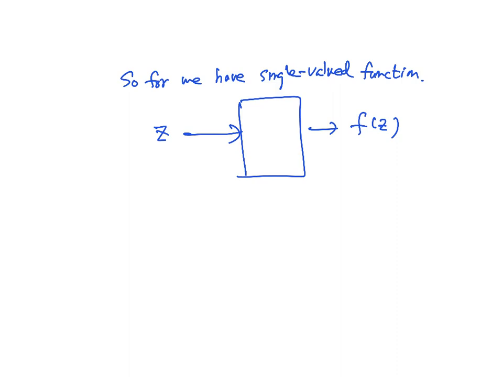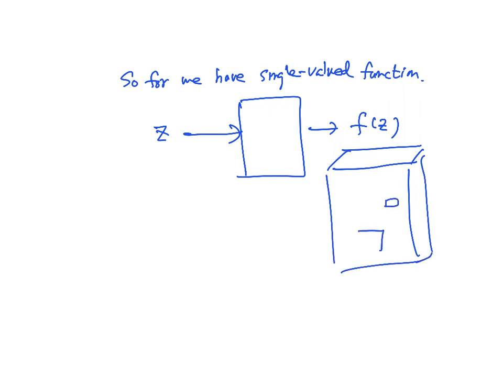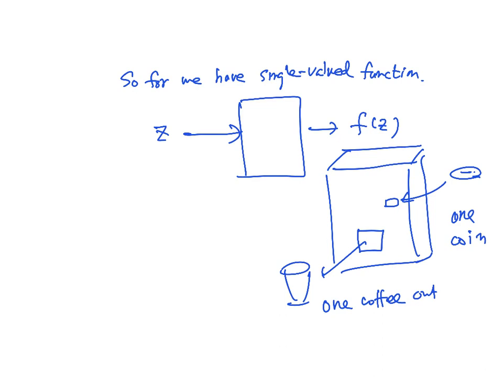So it's like a coffee machine. You put in a coin, you get coffee out, right? So one coin for one coffee. You never get 2 coffees out, right? That would be nice. If you put in one coin, you get 2 coffees out. That would be awesome. Fantastic, right? So one coin, one coffee out. Just a single-valued function.